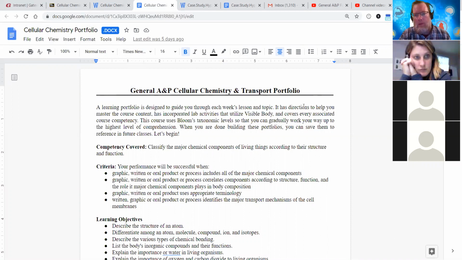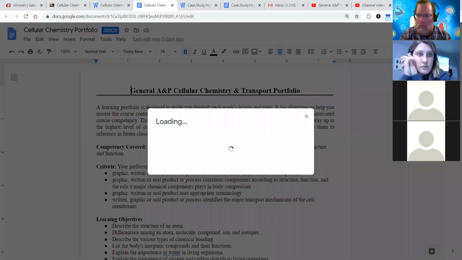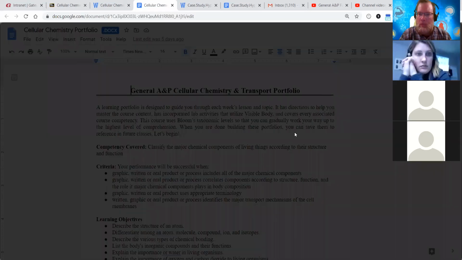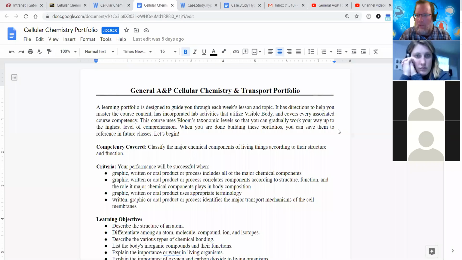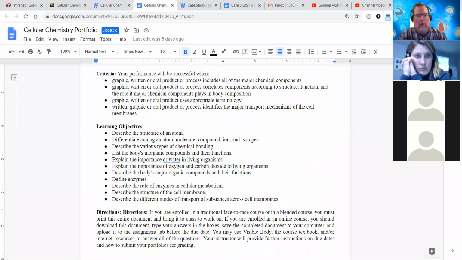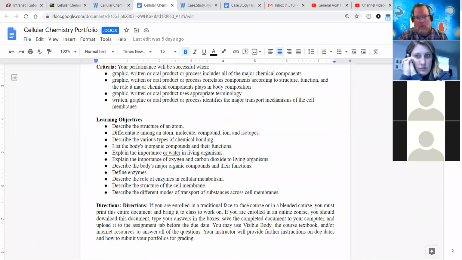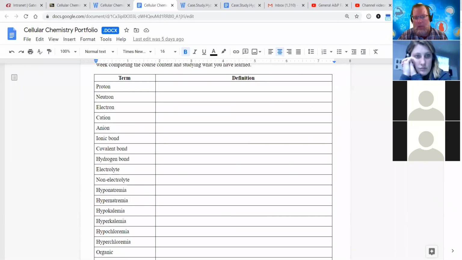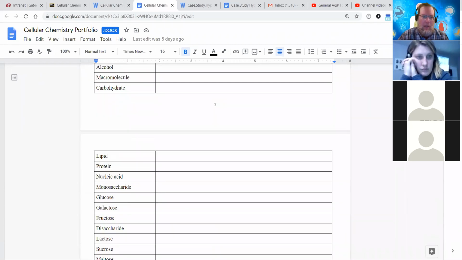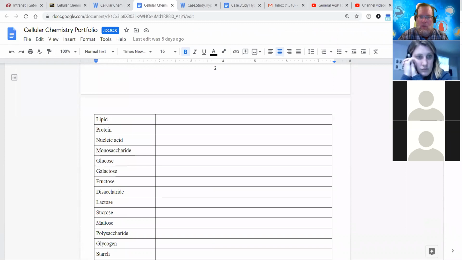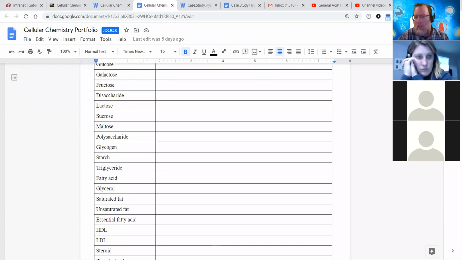So again, you want to open your own, make your own. Trying to move this out of the way so I could scroll this down. All right, the chemistry portfolio 2 is going to look a lot like what you did earlier with portfolio 1, just some definitions. Most of these you have access to in your notes or in your outline.